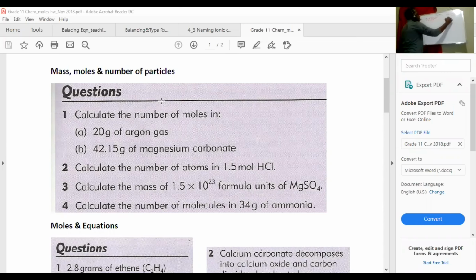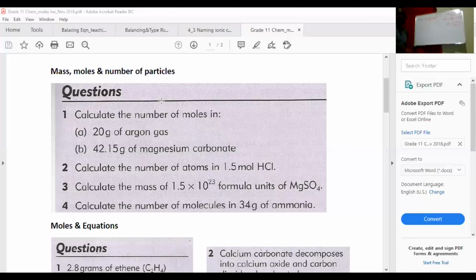So mole is equal to mass over molar mass. So the mass is 34 over the molar mass. The molar mass of ammonia is NH3, where N is 14, H is 3 times 1. So we get 17 gram per mole. So we divide this by 17 and we get 2 mole.